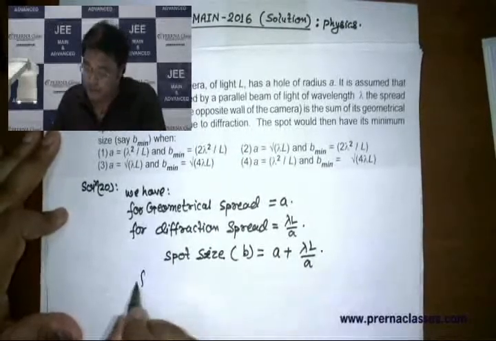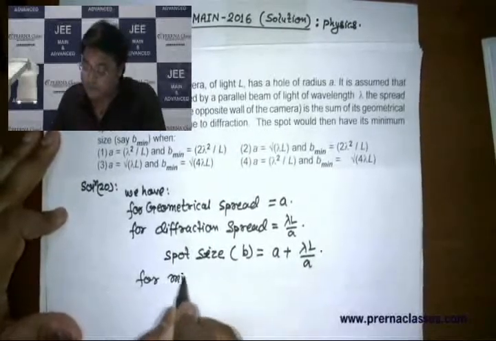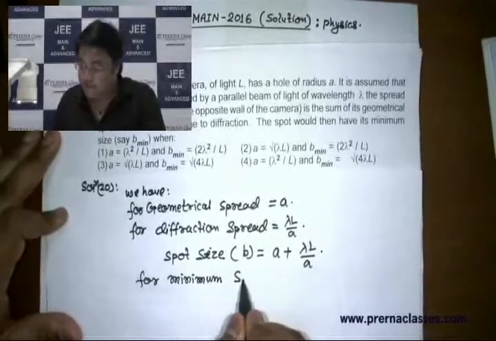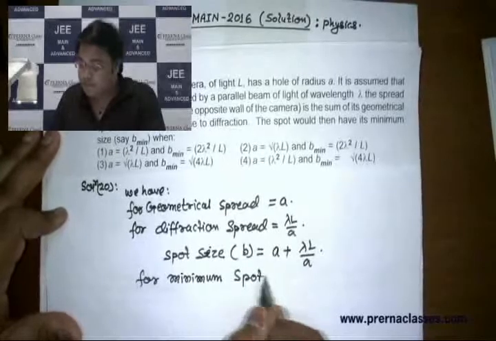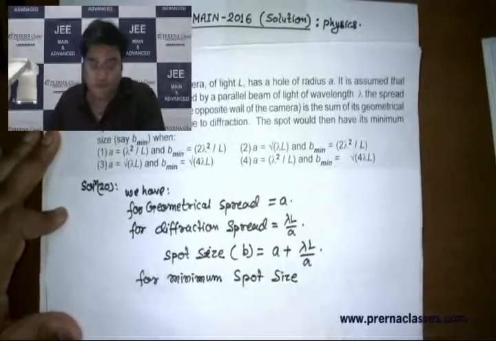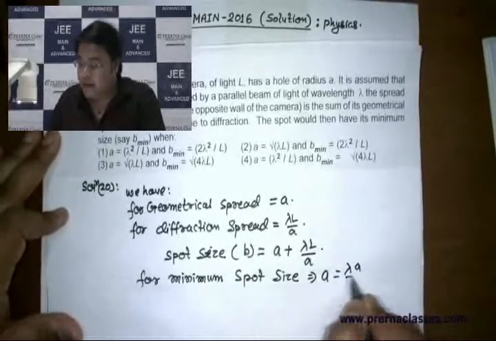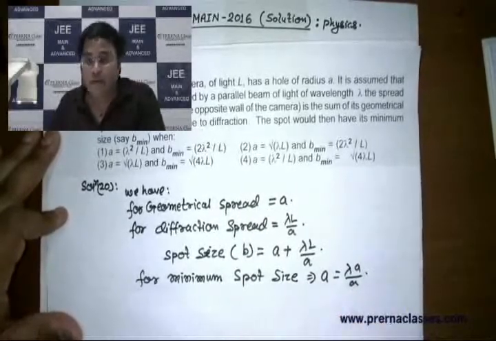So for minimum spot size, that implies a equals lambda L by a, clear?